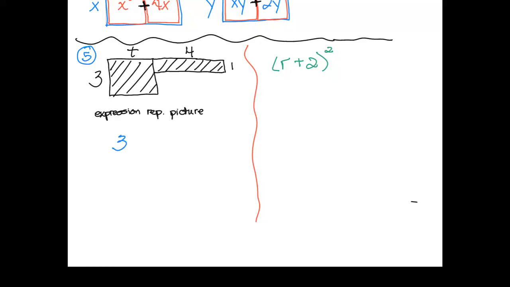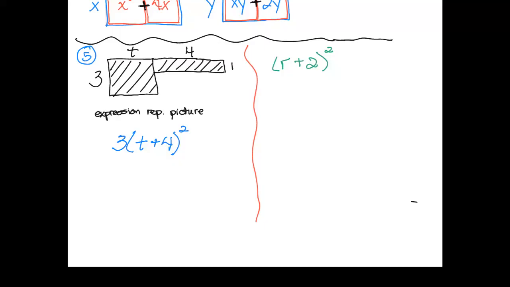So tell me exactly what you put. 3 times... Okay, so then try to say parentheses. So 3 parentheses, t parenthesis, and then squared, like that.